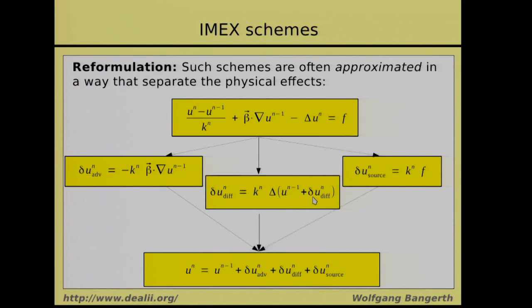That's the implicit part of it. And the same thing for the right-hand side. And then I can write my solution for these IMEX schemes, for the approximated approach, as u^n equals u^{n-1} plus the 3 deltas. So that's sort of how we approach these things: instead of solving one equation implicitly, I think of solving 3 equations that take individual aspects of the equation into account.